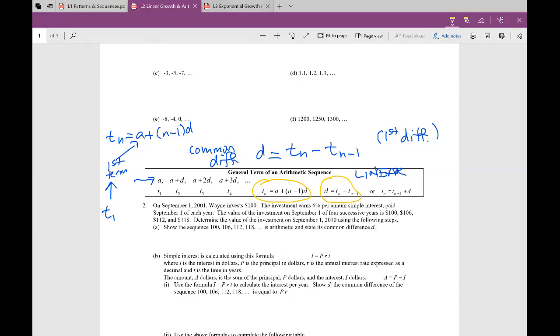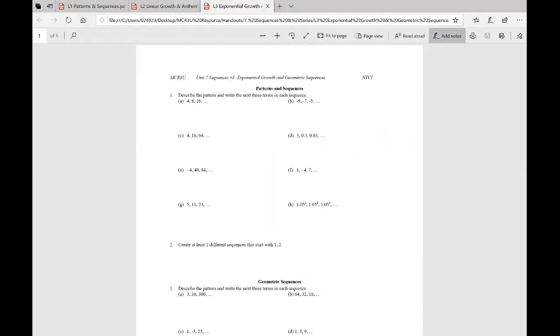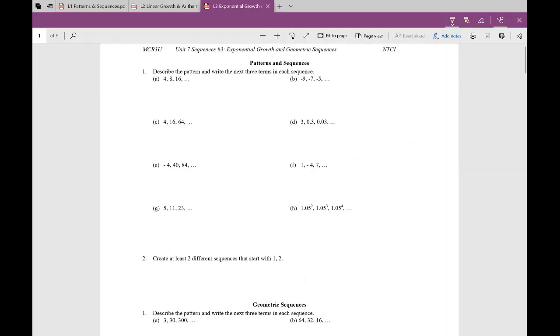Let's get to lesson 3. Really straightforward. Again, some patterning here. You can hopefully notice that it's not going up in a linear pattern or by a common difference. You can actually check this. If you try the common difference, 11 minus 5, that's 6.